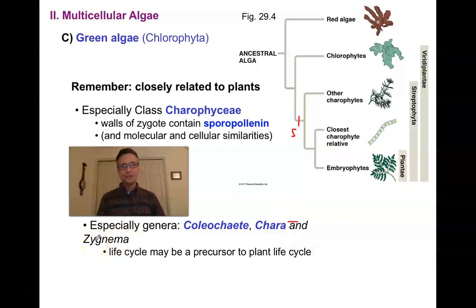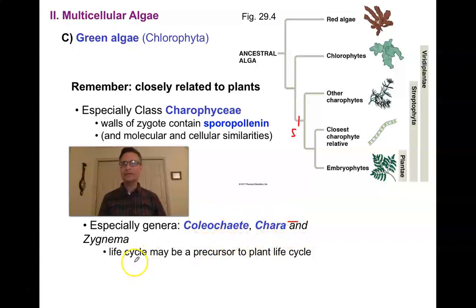And so these are the charophyceans that are particularly closely related to land plants. What makes these charophyceans particularly related to land plants? It seems that one of the key features that at least some of these charophyceans have, particularly Coleochaete and Chara, is a life cycle that is closely related to land plants.